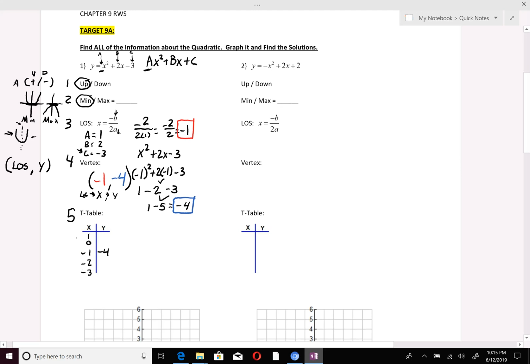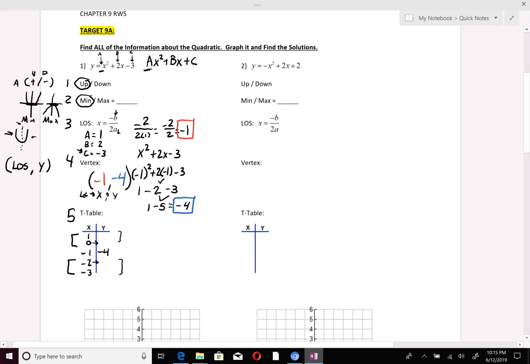And what's nice is this top half mirrors our bottom half in terms of our y values. So whatever our 0 gives us for our y, our negative 2 will give us the same value. And I'll show that to you.